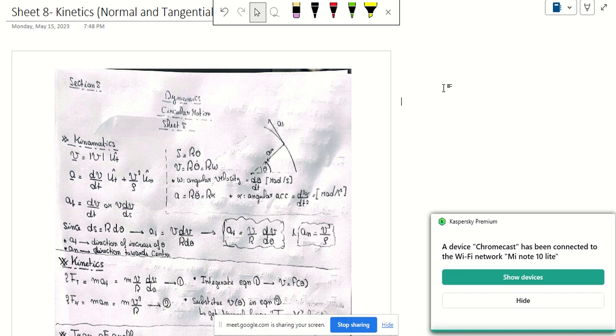So we will pass from the rectilinear motion to the curvilinear motion.